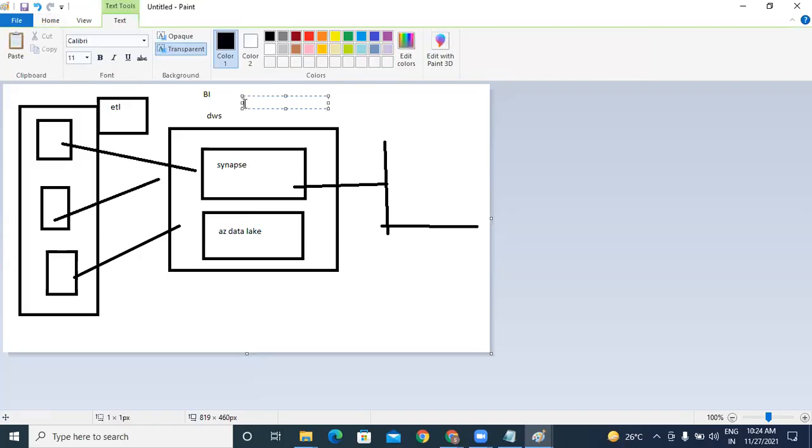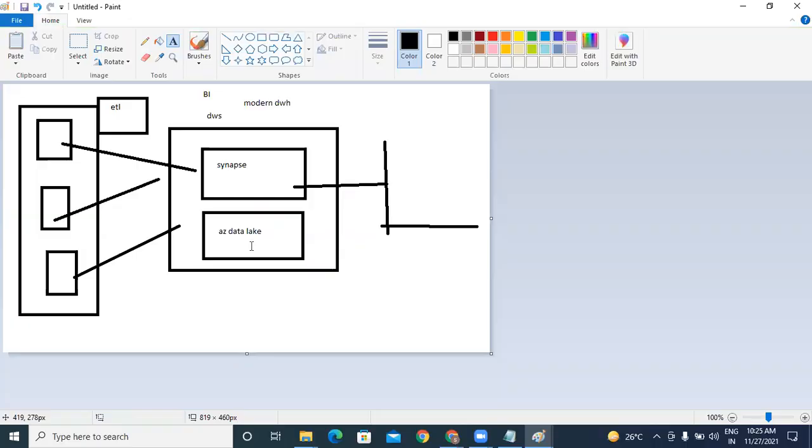This thing I am calling the modern data warehouse. In the case of the modern data warehouse, especially in Azure, I have two weapons. One is Synapse. If my data is structured, I will keep all my structured things in Synapse. Other than structured or little structured, everything I will keep in Delta Lake.